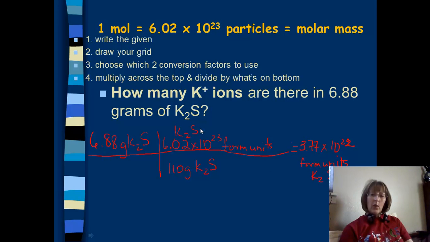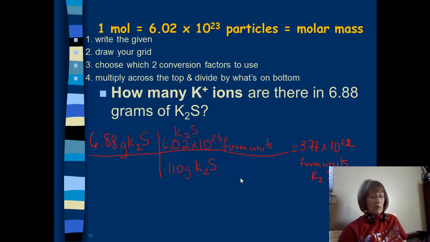So look up here. For every one of these formula units, I have 2 Ks within it, right? It'd be like for every one human body, there are 2 arms. So if I have 3.77 times 10 to the 22 units of the whole thing, then if I multiply that by 2, I'll get how many potassium ions are in there.